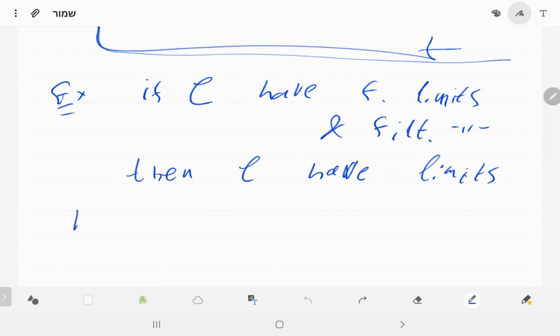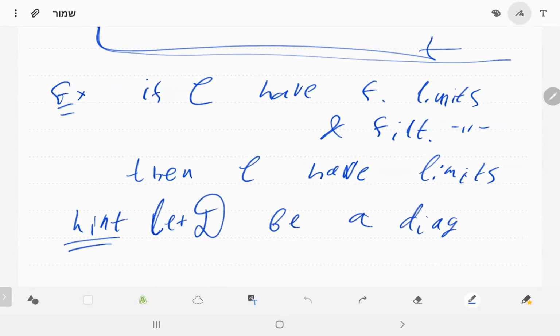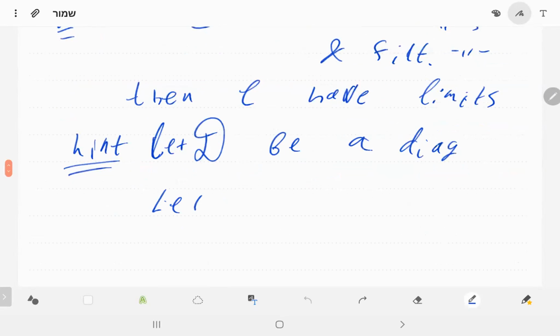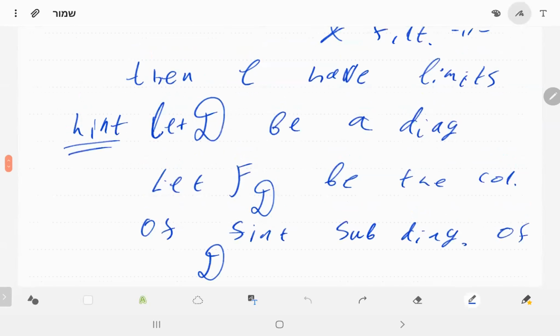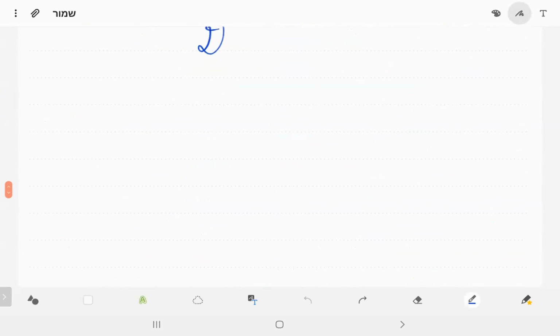So let me say the hint. Let D be a diagram, and let FD be the collection of finite subdiagrams of D. You can consider this if you have a diagram of this shape.